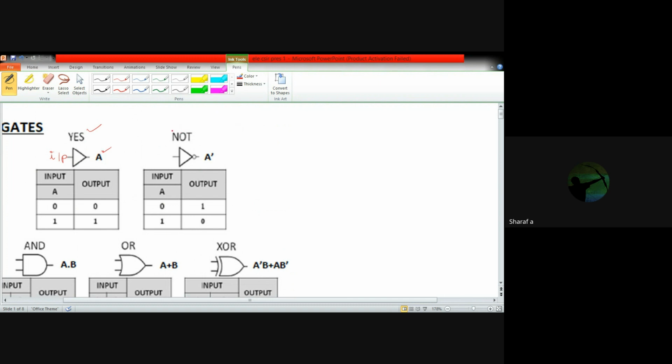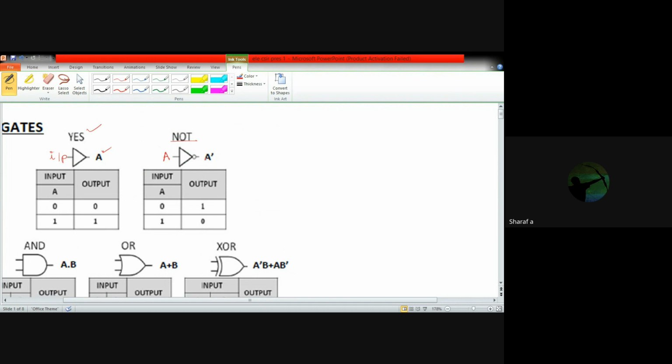But when you consider the second gate, the NOT gate, if you are giving any input, considering the input as A here, then you will get the complement of that input at the output.